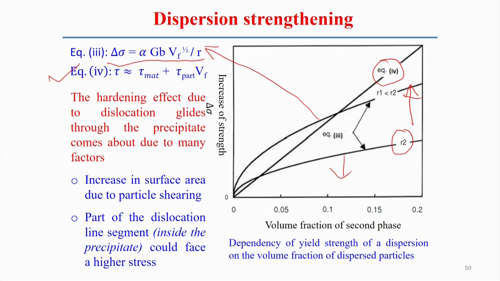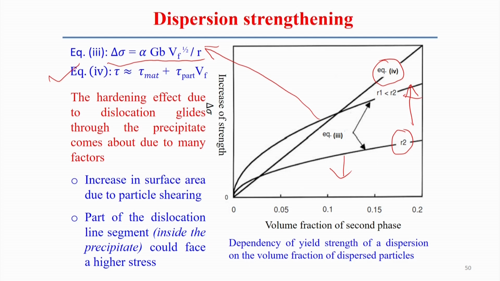So here you can see that the hardening effect due to dislocations gliding through the precipitate comes from many factors. One is the increase in surface area due to particle shearing, since the dislocation always tries to cut the particle.